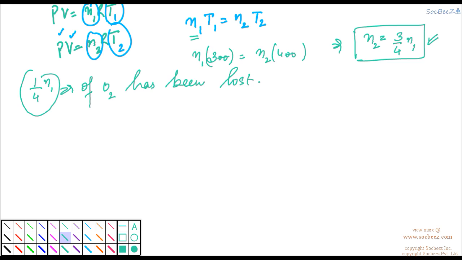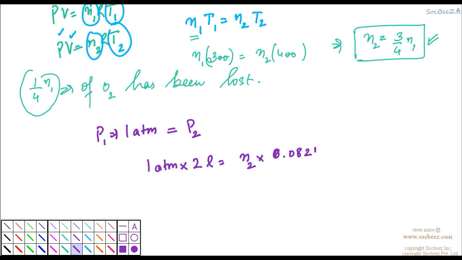Okay, so let's try and calculate the final pressure. If we try to find out the moles in the initial condition, or we can directly relate it like this as well. The pressure initial was given to us as 1 atm, right? In the final condition, that also is 1 atm. So 1 atm into volume of the container, that is 2 liters, equals N2, which we have to find out, into 0.0821 into temperature, which is 400 Kelvin.